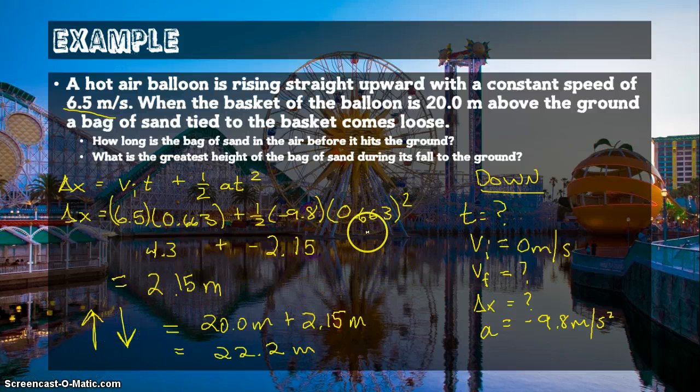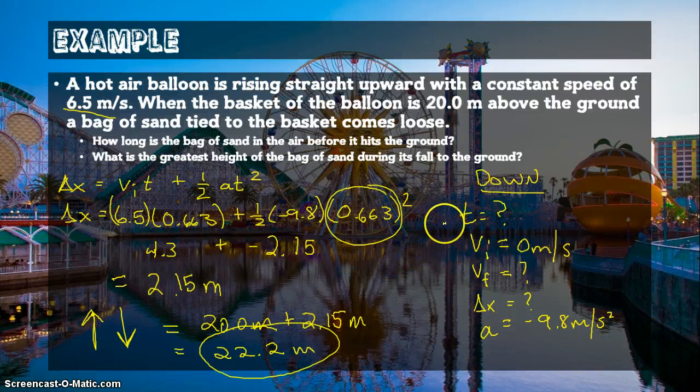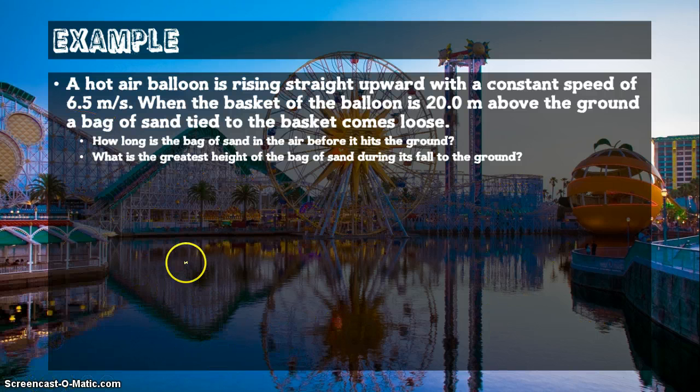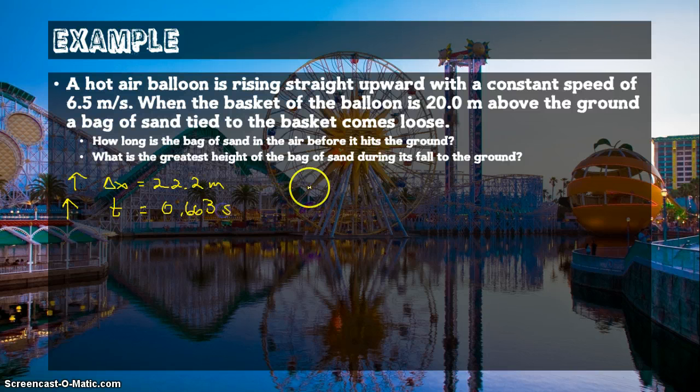We also know the time it took to go up was 0.663 seconds. These are two key pieces of information as we move forward. So we know the up displacement was 22.2 meters. We know the up time was 0.663 seconds.